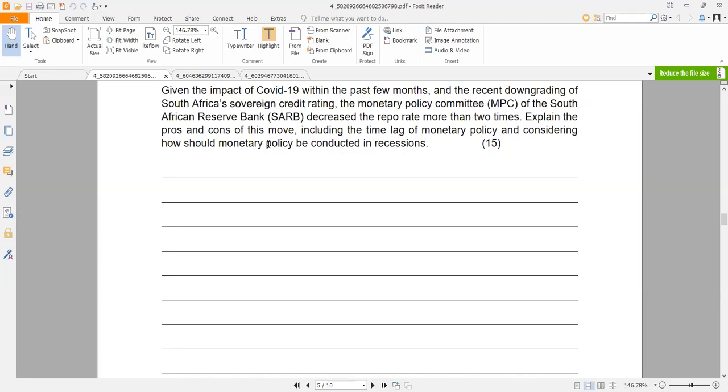So you should just support what was done by the SARB, to say when we are in recession, the authorities in terms of the stabilization policies should implement expansionary policies so as to improve economic activities.